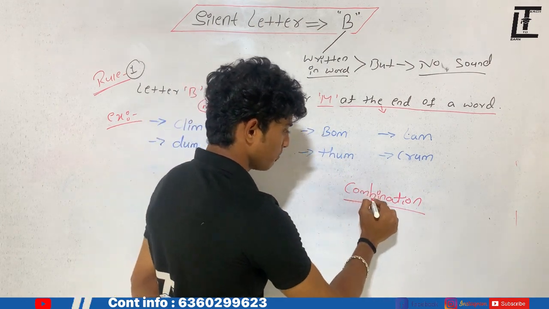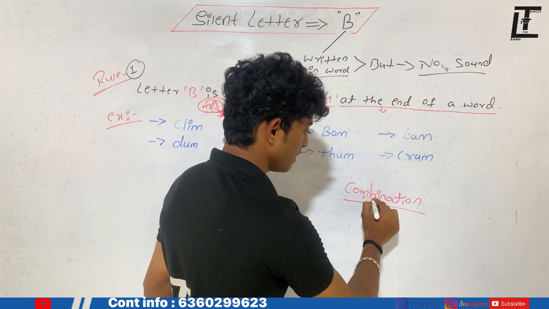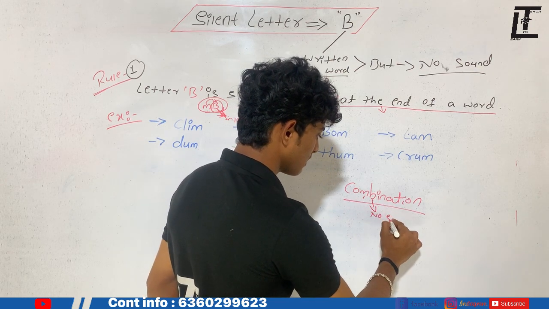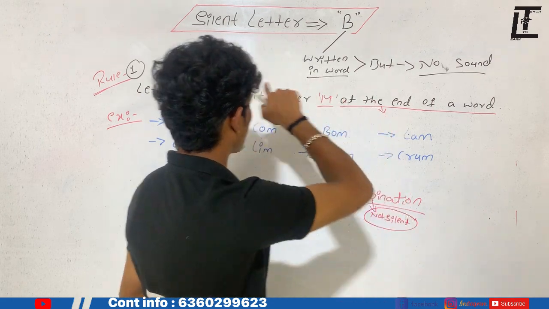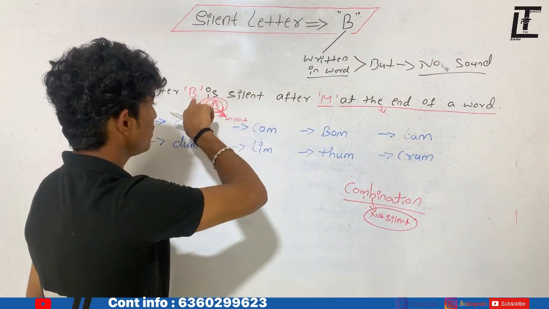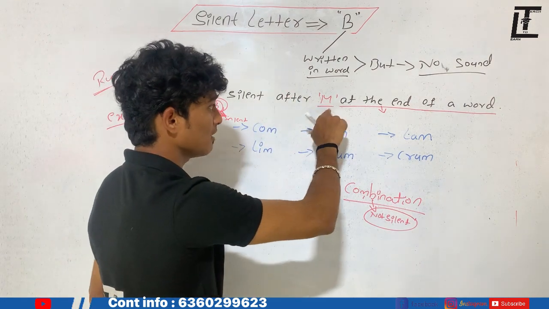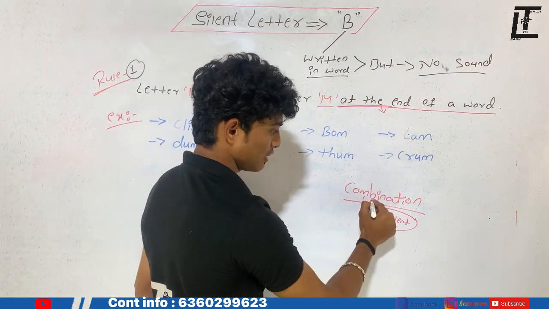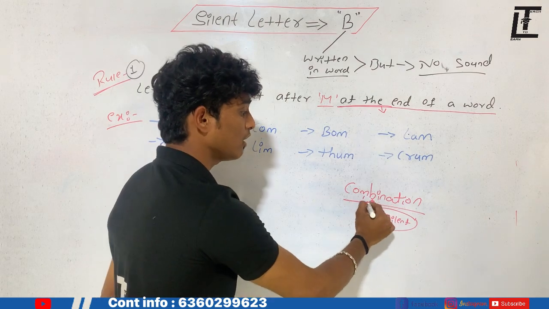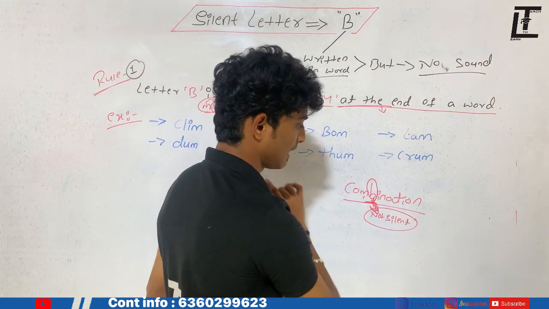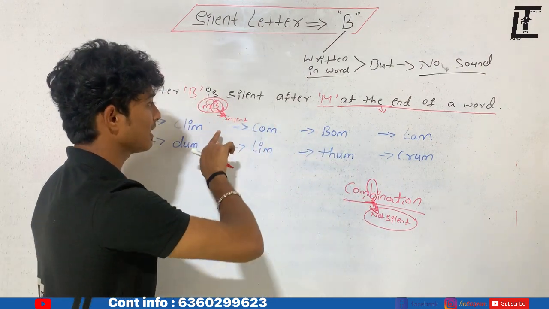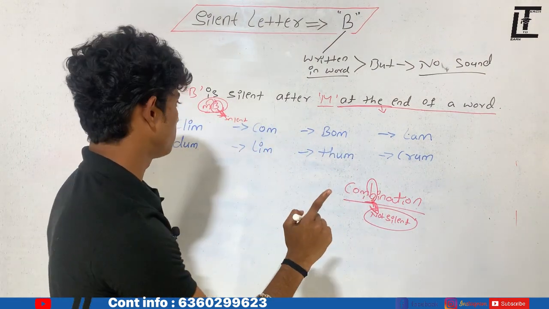Here there is B after the M, but this B is not a silent letter. Why? Because the rule says that B is only silent when it comes after M at the end of the word, but here it is in the middle of the word. So in this case, letter B is not a silent letter. If it is a silent letter, it must be at the end of the word.